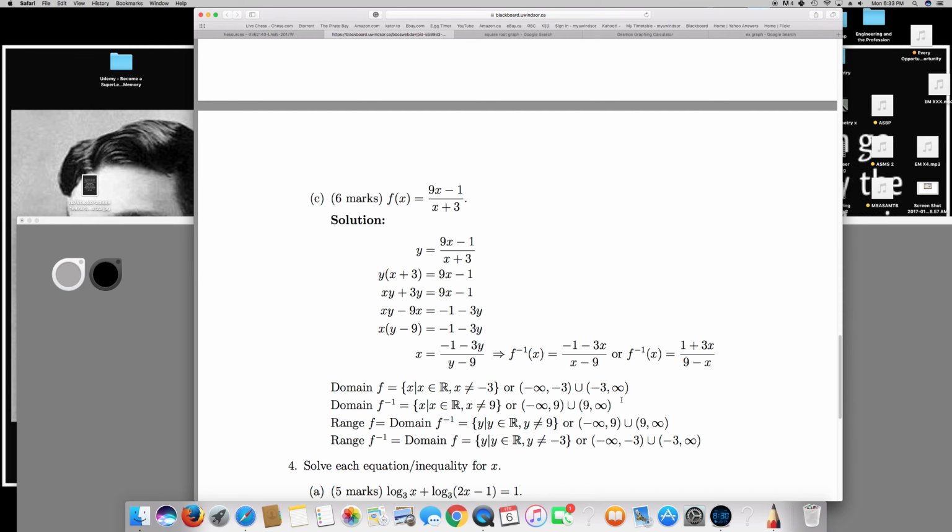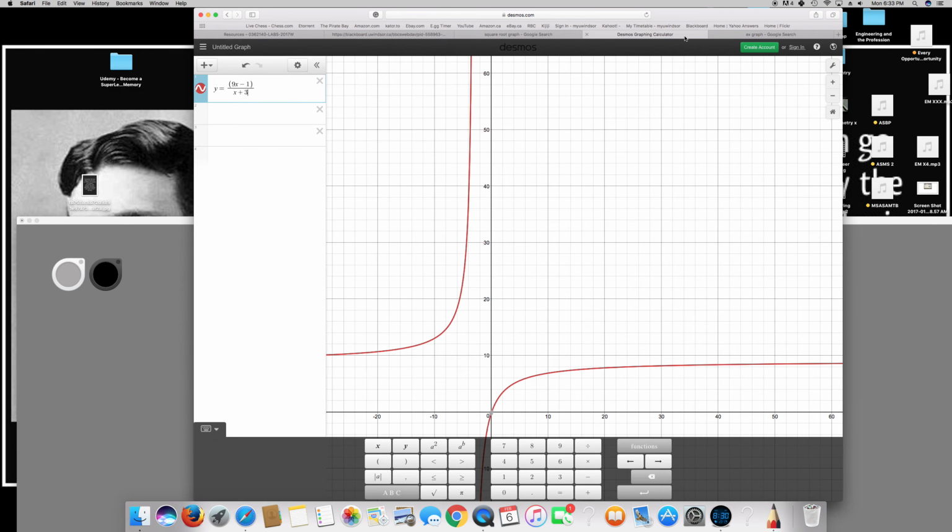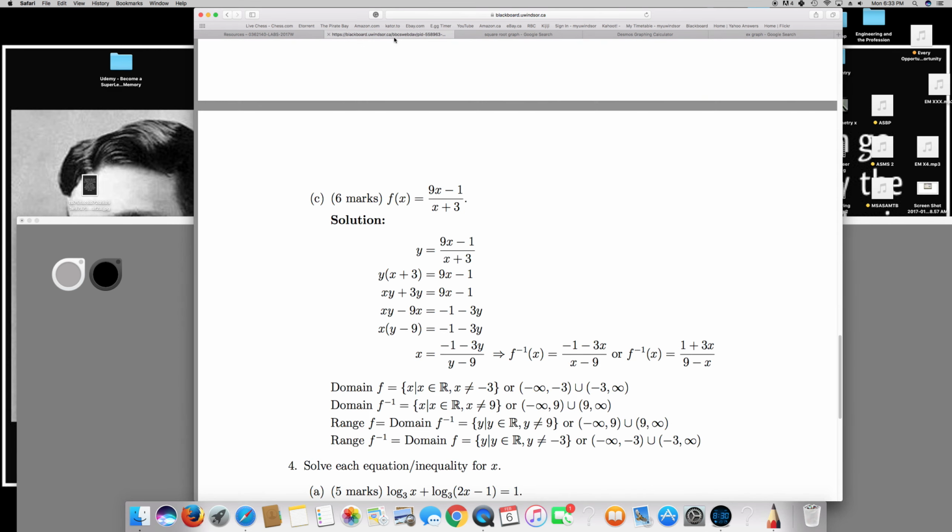So it's going to be negative infinity to 9 and 9 to positive infinity, because simply you put the minus 3 value for this one and see. Let's see. So when y is equal to 9, 9x into 9 is 81 minus 9, so why shouldn't it take 9? Oh, okay, now I understand.